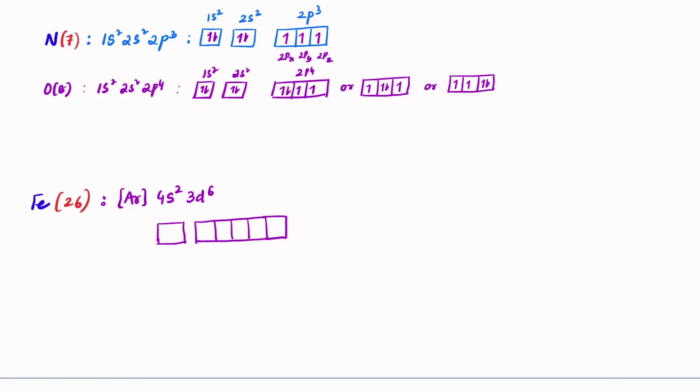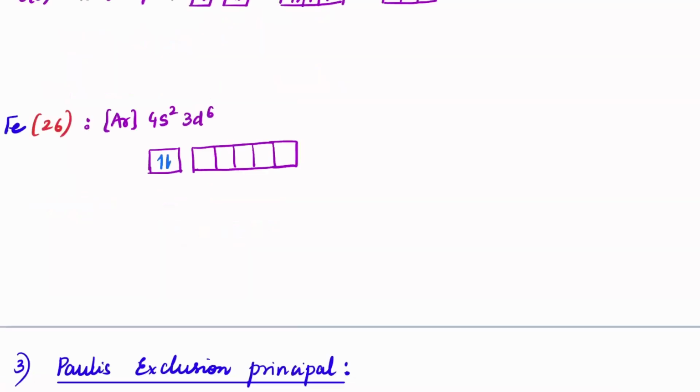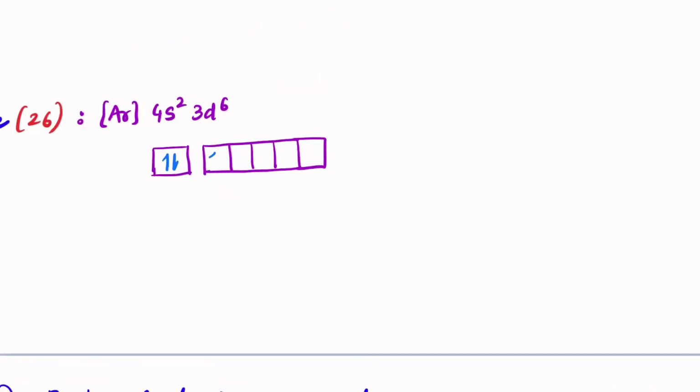Now comes 4s2, which means 2 electrons here. Then see 6 electron distribution. How would I go? Electron number 1, number 2, number 3, number 4, number 5, and then I will write it as 6. That 6 can be written anywhere. That does not make any problem. So to be precise, this is 1, 2, 3, 4, 5, and the 6th electron. Clear?